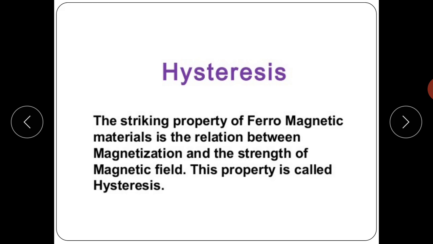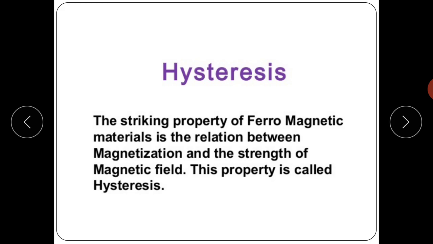The second one is the BH curve, already learned in 12th standard. The hysteresis loop is exhibited by ferromagnetic material below the Curie or critical temperature.